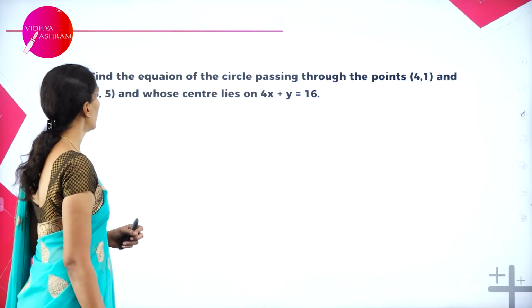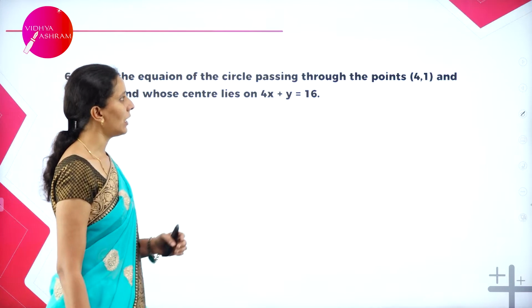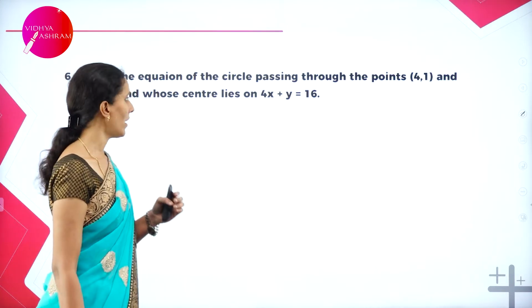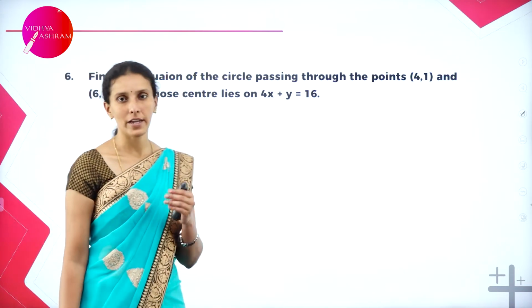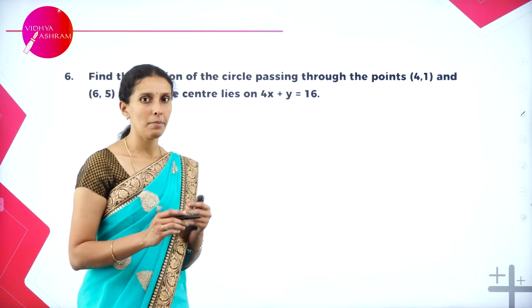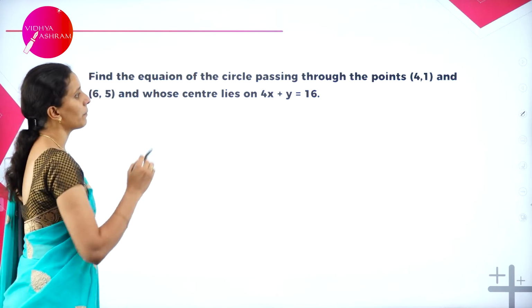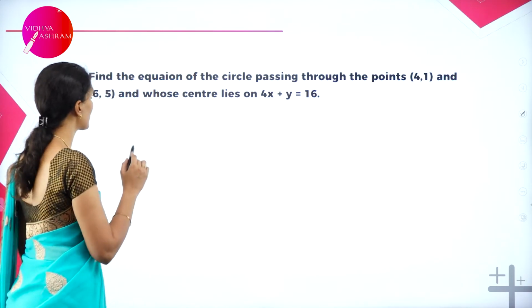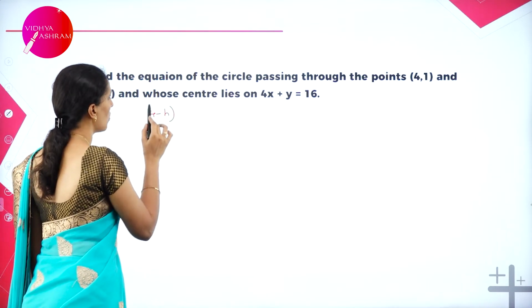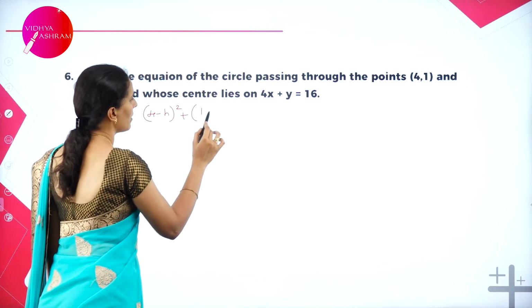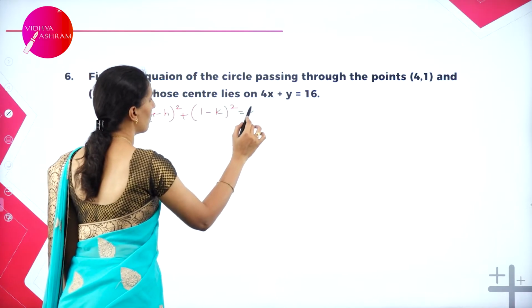So this is the equation of the circle for the required problem. Next, find the equation of the circle passing through the points (4, 1) and (6, 5) whose center lies on 4x + y = 16. The same thing here also: since it passes through (4, 1) and (6, 5), we can write the equation as (4 - h)² + (1 - k)² = r².